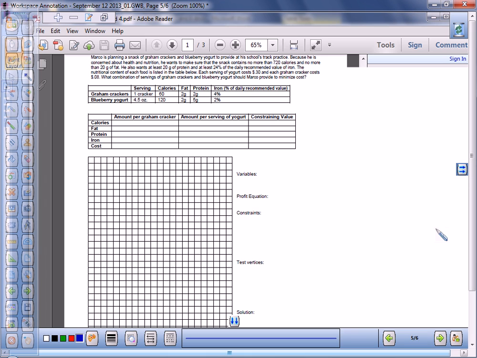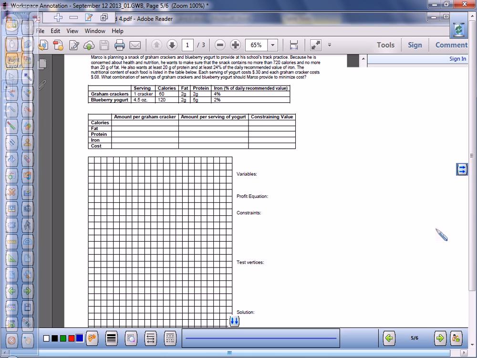What's the chemical symbol for iron? Fe. Very good. The nutritional content of each food is listed in the table below. Each serving of yogurt costs 30 cents and each graham cracker costs 8 cents. What combination of graham crackers and blueberry yogurt should Marco provide to minimize cost?